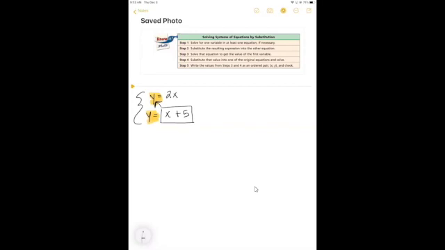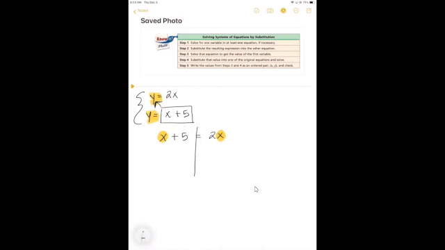All right. So now I have x plus 5 equals 2x. Now, if you notice, we only have the variable x at this point, right? We only have the variable x. So that means we are now going to solve for x, which is step number 3. We're going to solve the equation to get the value of the first variable.